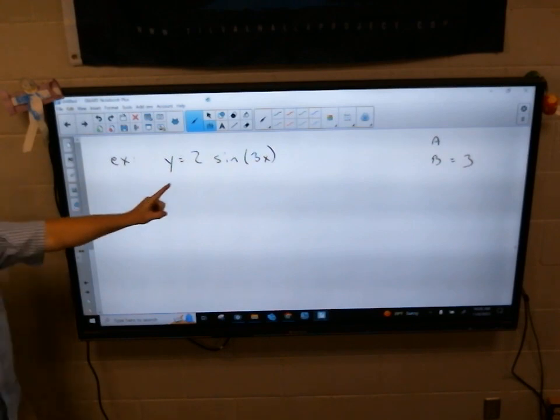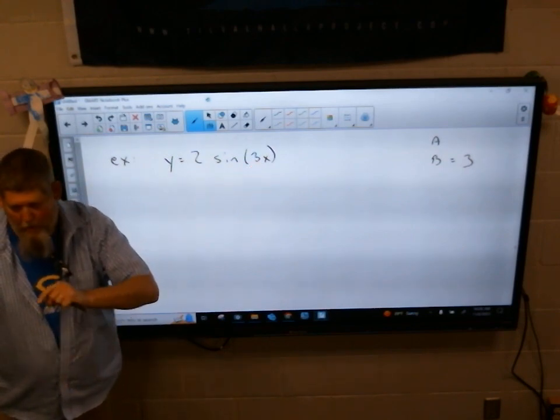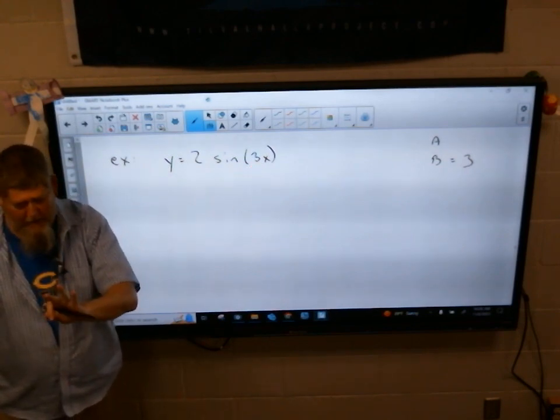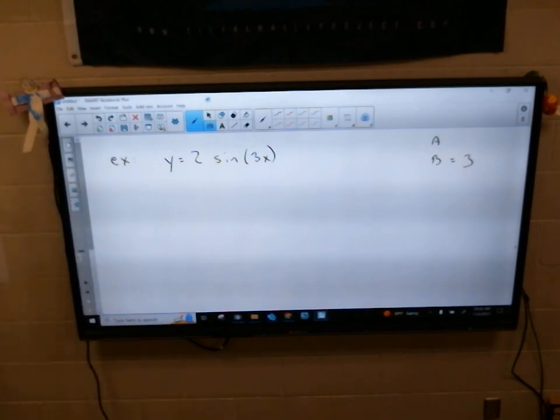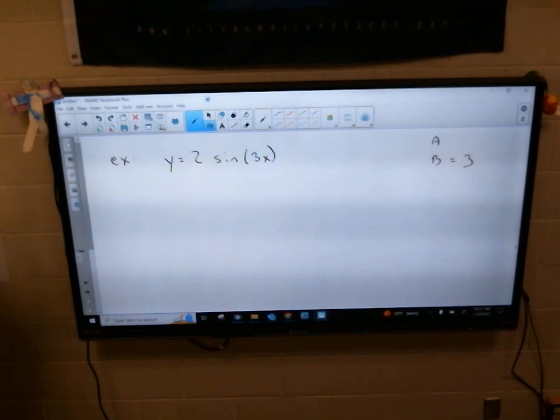But because I have 3 in there, now I'm going to do 3 periods in that amount of space. So it's going to go up and down, up and down, up and down, and back to 2 pi. So I've taken my sine wave and squeezed it together. It's going to go up and down much faster.